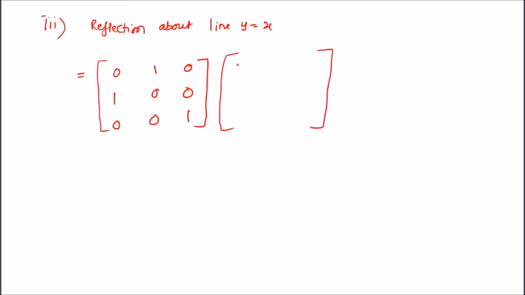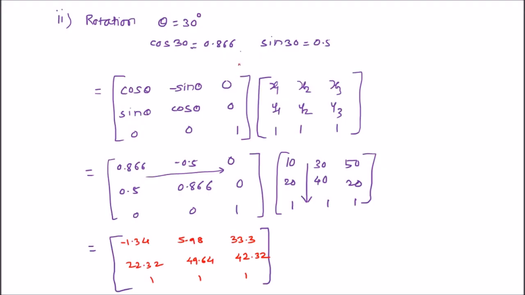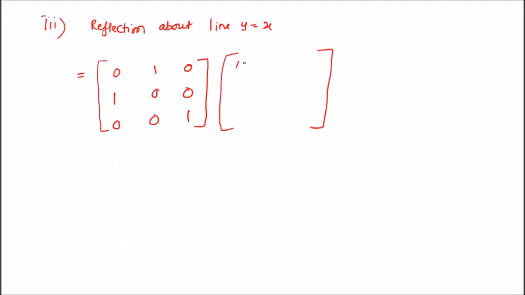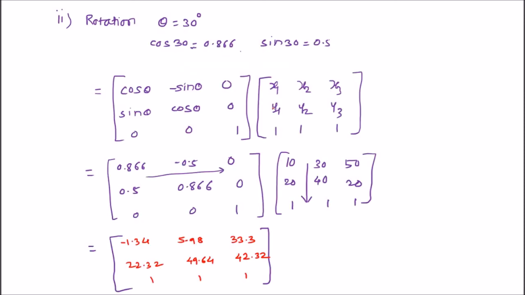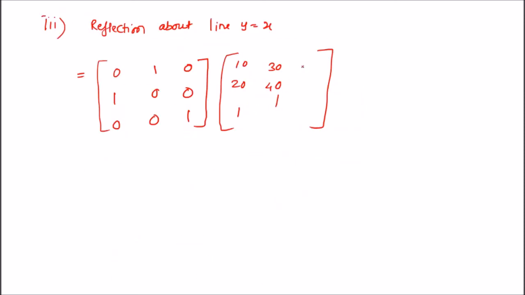So the coordinate matrix is 10 20 1, 30 40 1 and 50 20 1. If you multiply it, it is 20, then 40, then 20, then 10, 30, 50, and the last column is 1 1 1.